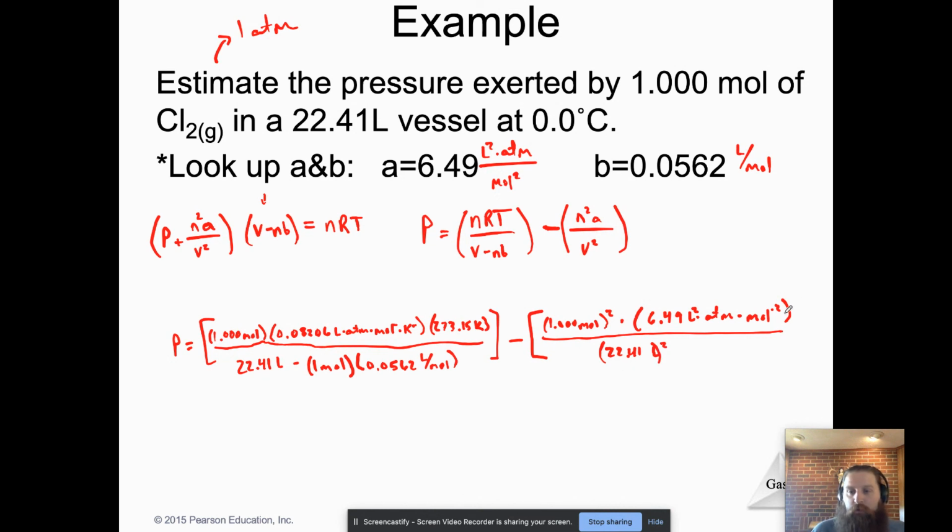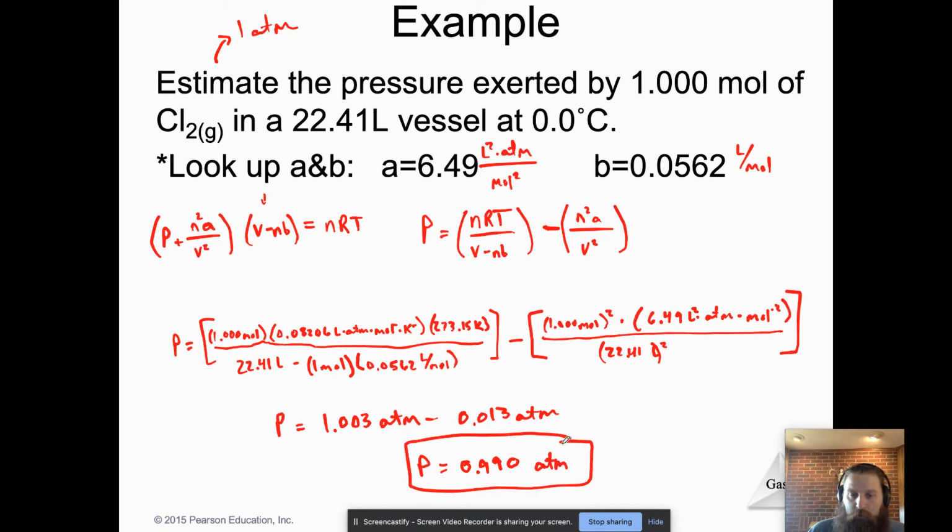There we go. Close my bracket. If I were you, I would punch that all into my calculator as one big problem and solve it. I would do the problem on the left first, the problem on the right second, and then subtract. That's what I did when I worked it out. And so I got 1.003 atmospheres minus 0.013 atmospheres. So the pressure is equal to 0.990 atm.